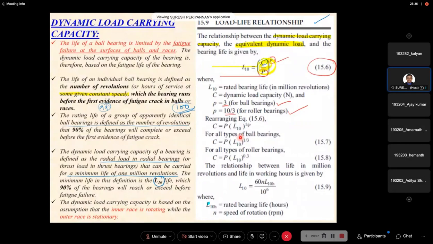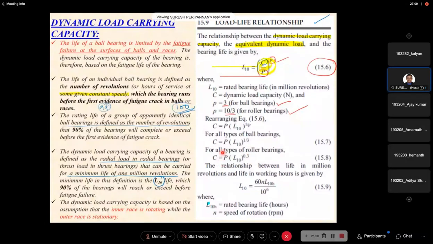Whether I would like to use it for 1 year or 2 years, similarly for the bearing I would go for 100 million revolutions or 50 million revolutions. You should define that yourself. Then L base 10 and P we already discussed. If we know these two parameters, we are able to find our load carrying capacity.